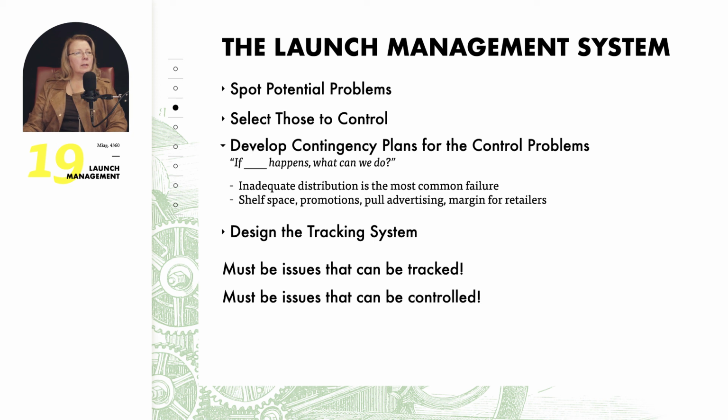All right. Number 3 in our launch management system, step 3. This is the phase where we're developing contingency plans based on problems. So if this happens, what are we going to do? Most frequently with a product launch, distribution becomes the point of friction, the point where there's an issue in the launch.